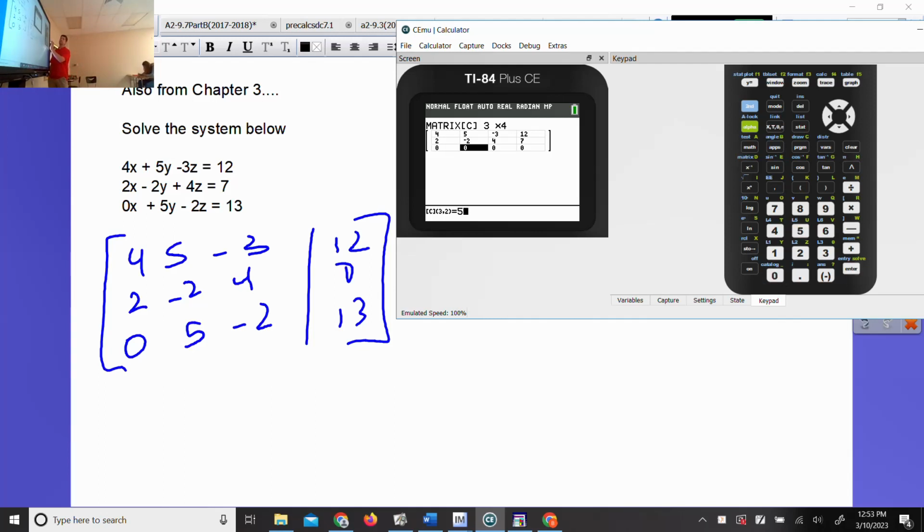Easy thing you can do. I'm pretty sure you'll use this technique no matter what math class you take next year. In bridge math, they solve systems with matrices.